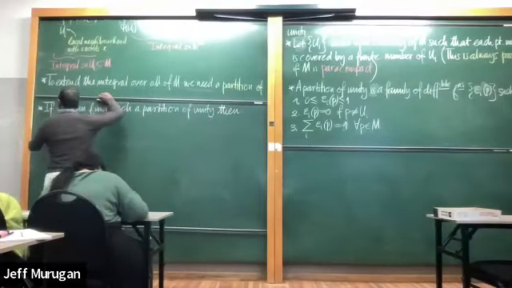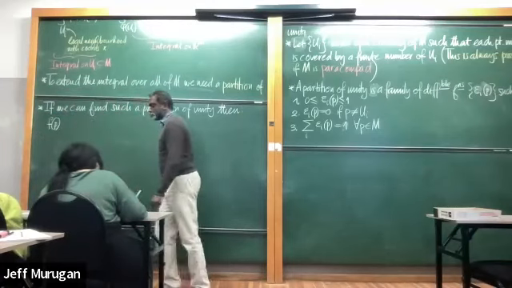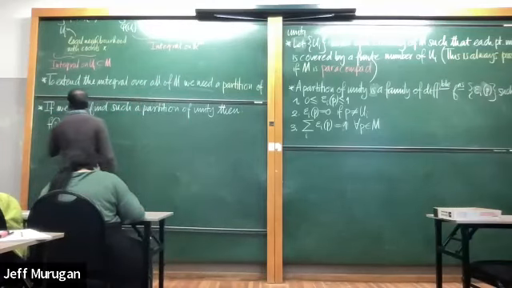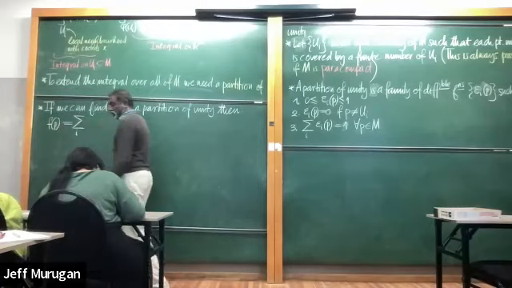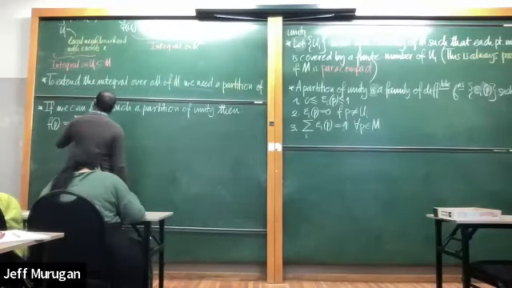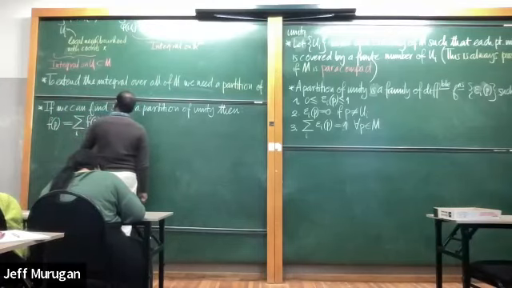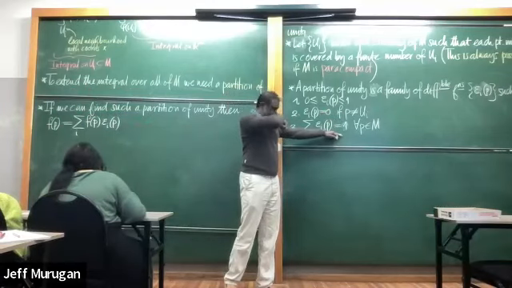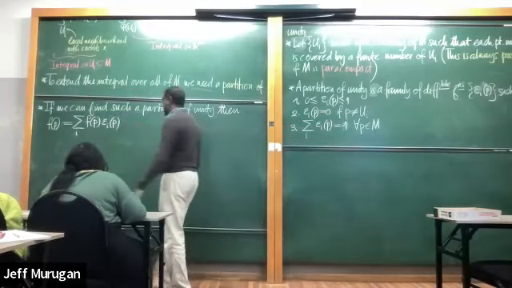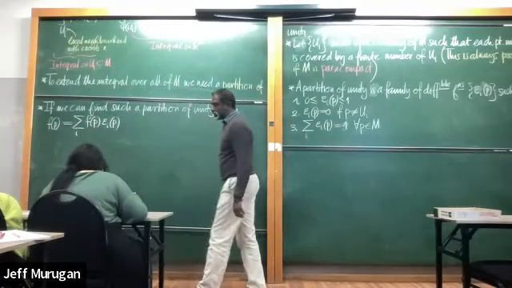Then the following is true. My function s of p is the sum over i of f of p times epsilon_i of p, because for every p I can break up one in that way.